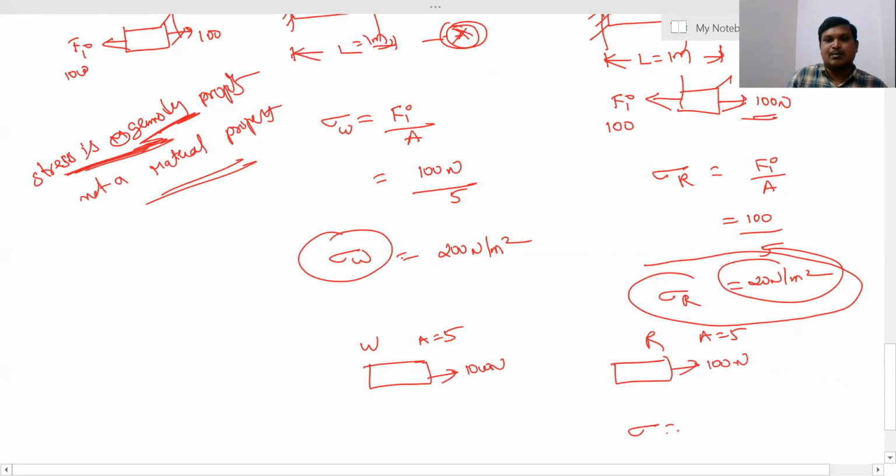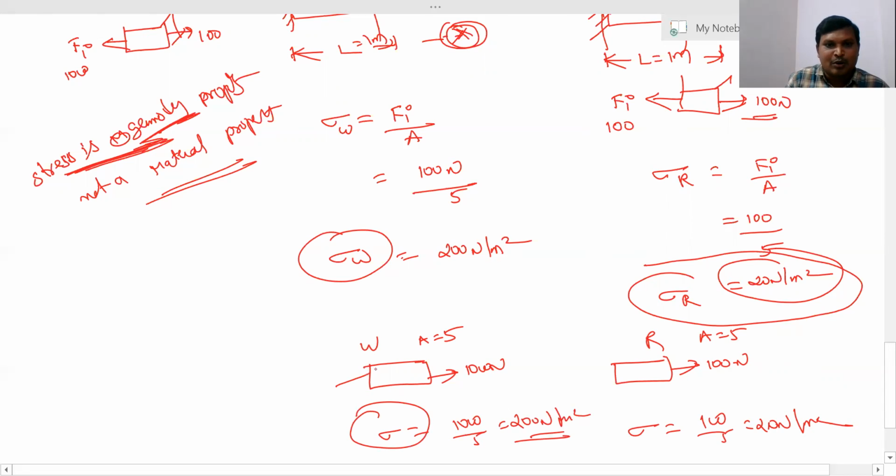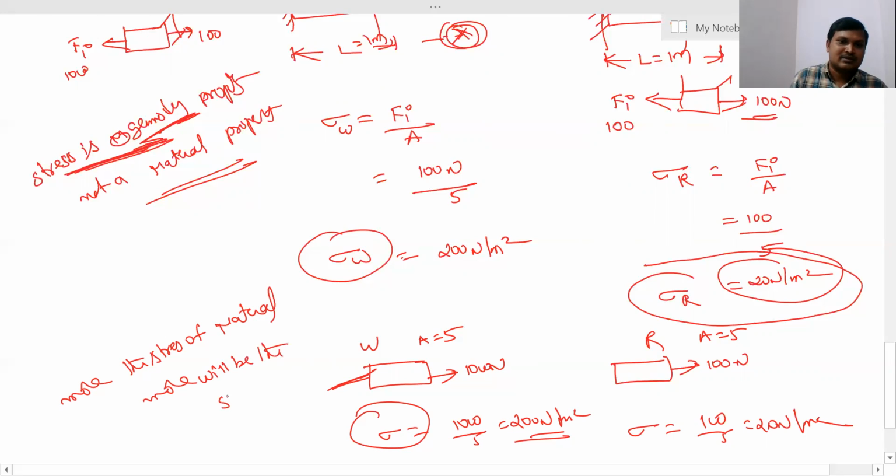So what is the stress in rubber? 100 by 5 is 20 newtons per meter square. What is the stress in wood? 1000 by 5 is 200 newtons per meter square. More stress means more strength. Therefore, the more the stress of a material, the more will be the strength.